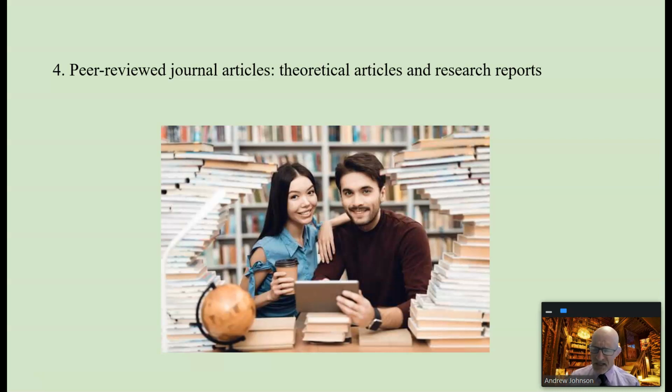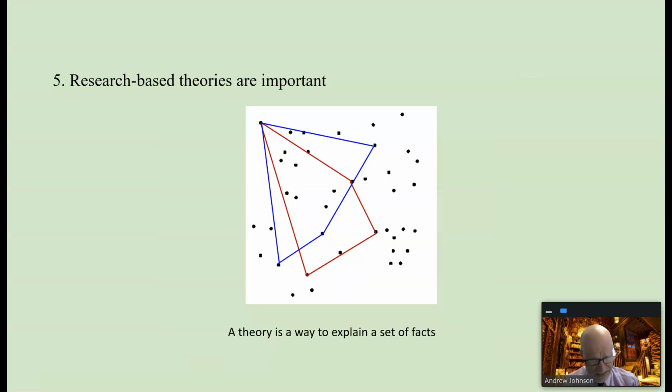Research, you say? Shouldn't I just be looking for research articles? What about theoretical articles? Should you avoid those? Well, absolutely not. Research-based theories are important. Remember what a theory is. It's a way to explain a set of facts.